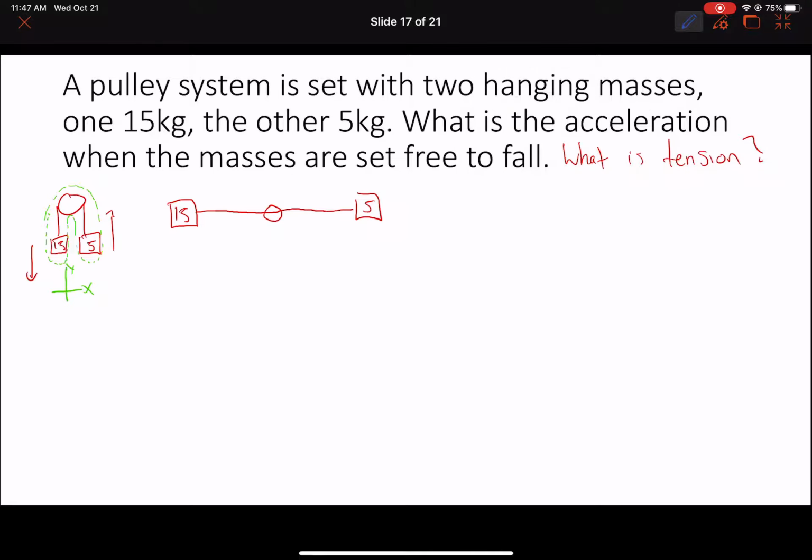Well, if I were to just look at the real drawing, I know that there's not too many forces going on. There's an FG for the 5 block, and there's an FG for the 15 block, and then there's also tension up in both of those. But that's an internal force.